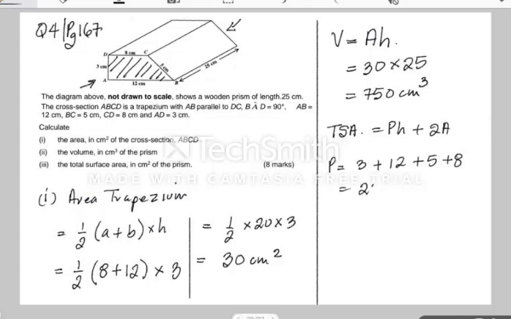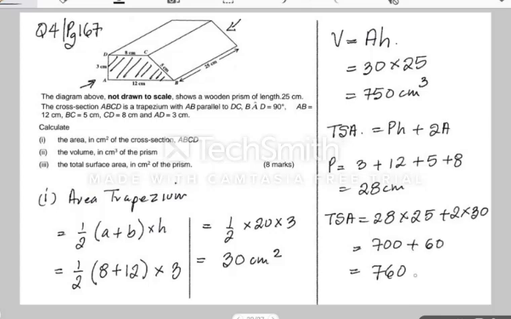So this is 28 centimeters. So the total surface area would be equal to 28 times the height, which is 25, plus 2 times the area of the cross section, which is 30. So this is 700 and this is 60. The total surface area is 760 centimeters square. So the unit of area again is centimeters square. The unit of volume is centimeters cube.